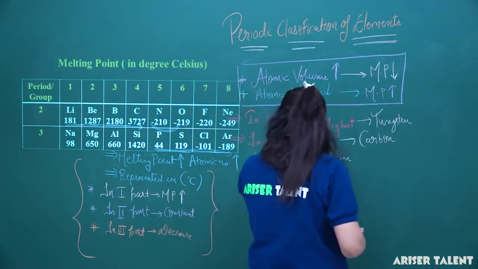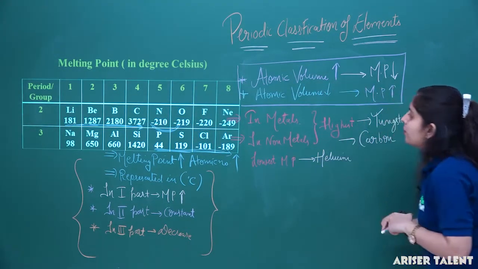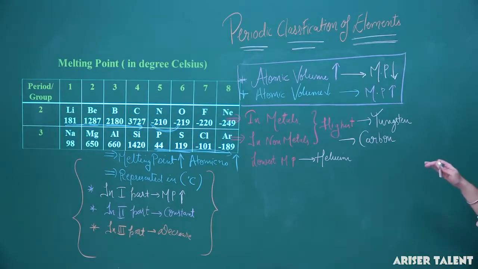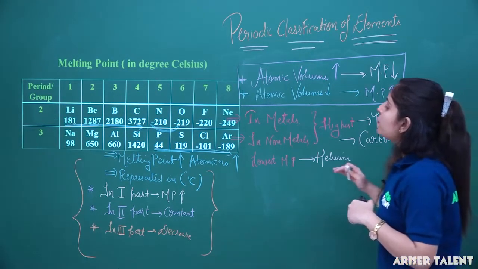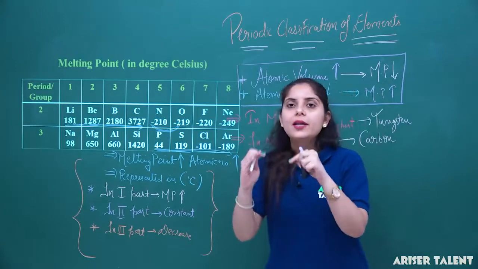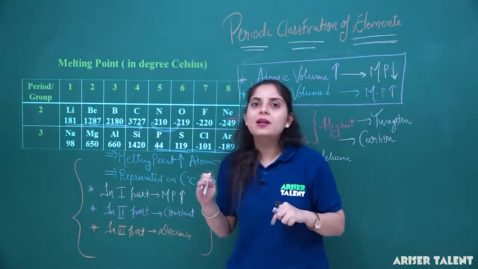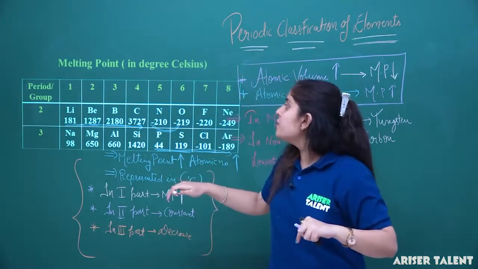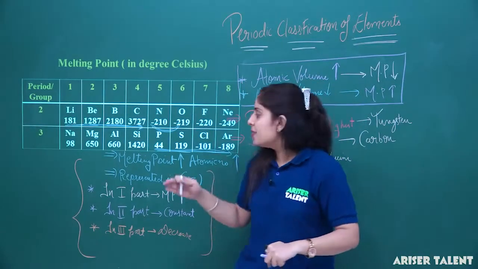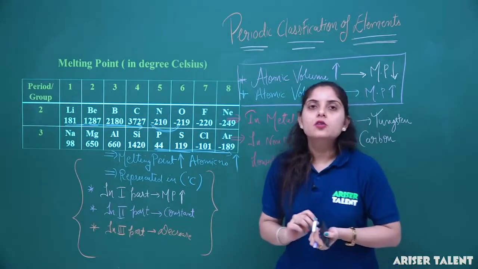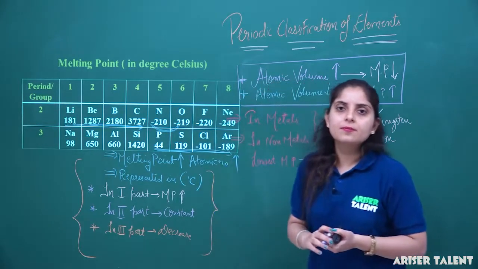So this is the observation in case of the melting point we have seen here, but the boiling point is not going to show the similar trend. It will follow some sort of similar trend, but it is not as sharp as the melting point we have observed here. So this is about the melting points.